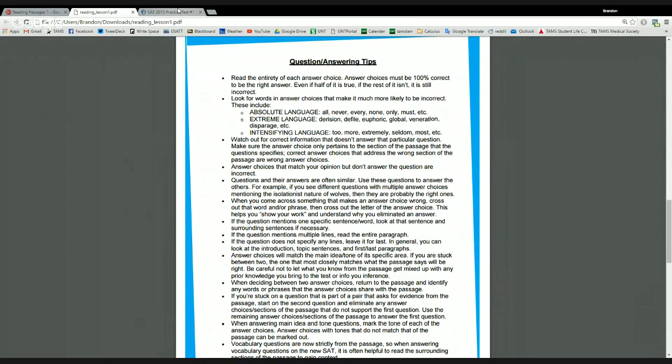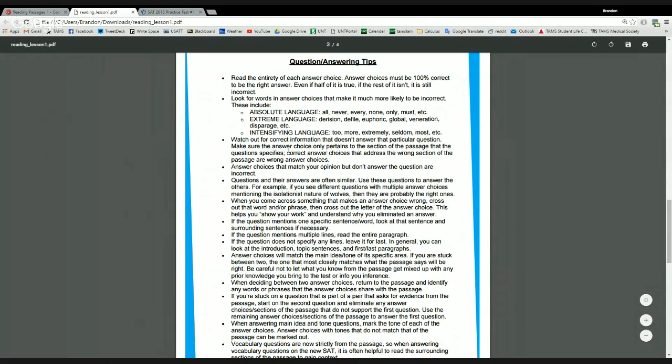Although it could be correct based on other parts of the passage, make sure you're focusing on the lines given. Again, answers that match your opinion but don't answer the question are incorrect. So make sure you're not answering the questions based on your opinion. Rather, you should answer the questions based on the text. Make sure there's no opinions or other input from outside sources to get your answer choice.